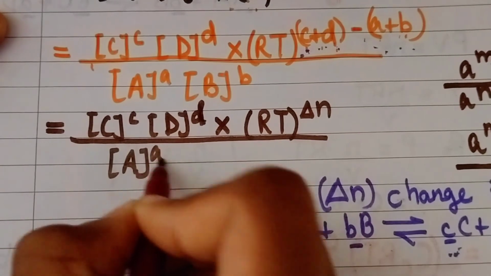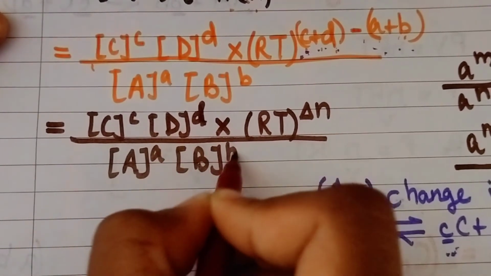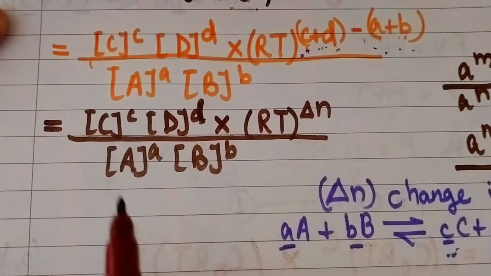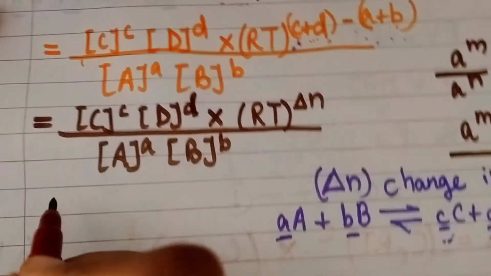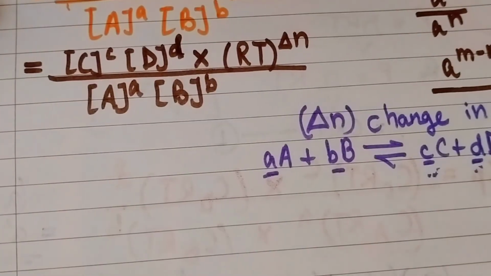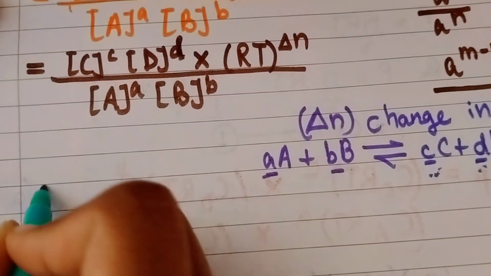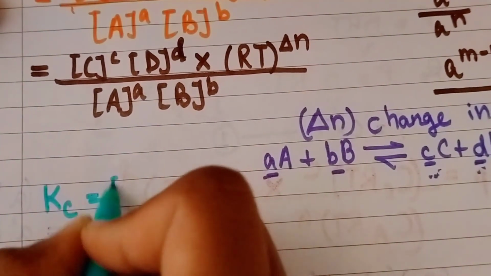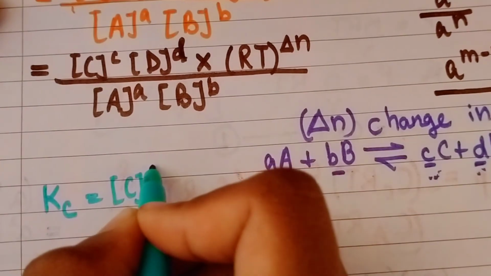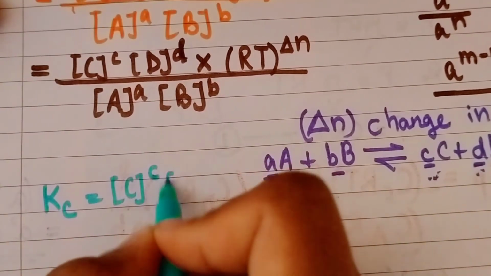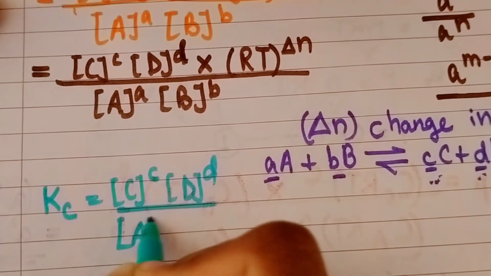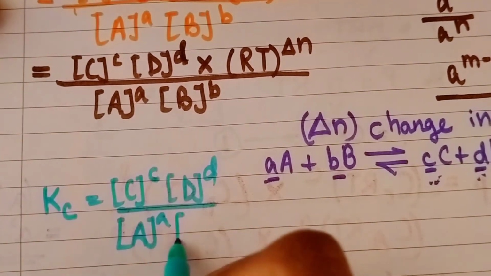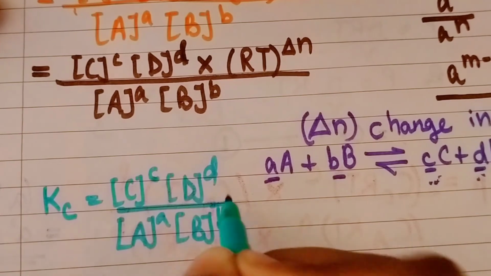Okay, so I know that you all are familiar with Kc, right? We all know Kc. Let's simply recall it. What is Kc? Kc is nothing but the concentration of the products raised to the respective coefficients divided by the concentration of reactants raised to their respective coefficients.